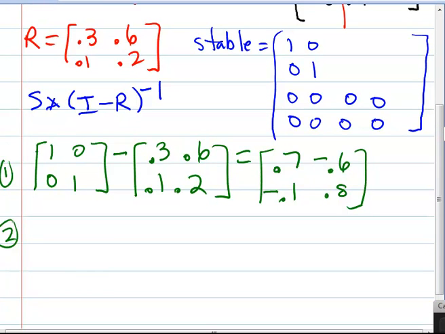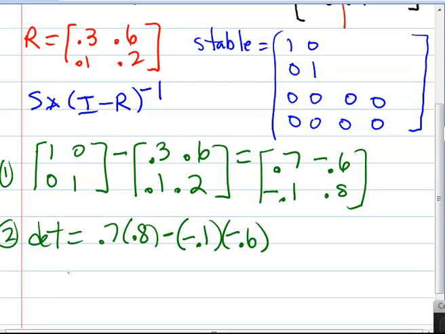The next step is to find the inverse of that matrix. So the 2x2 determinant method is going to be the quickest way to find the inverse. I'm going to calculate the determinant, and that is the product of the entries on the main diagonal, 0.7 times 0.8 minus negative 0.1 times negative 0.6, and that's 0.56 minus 0.06, 0.5.